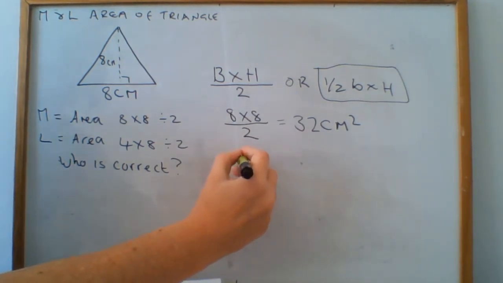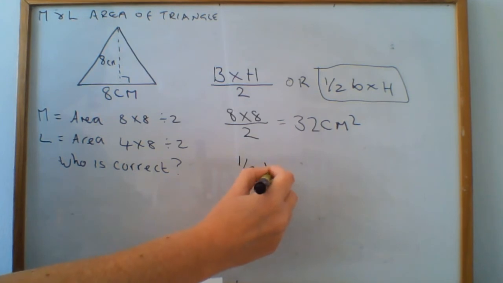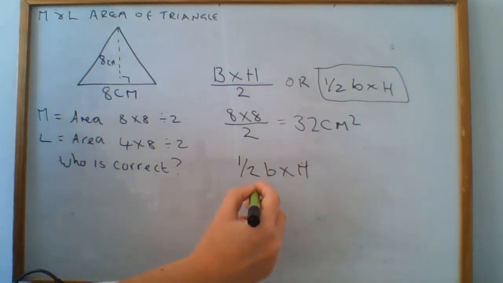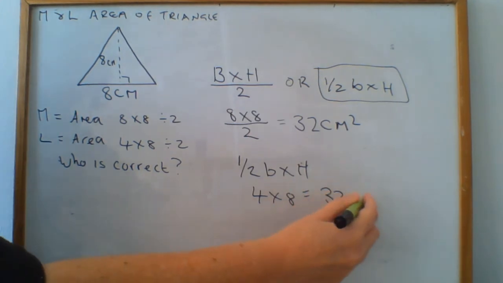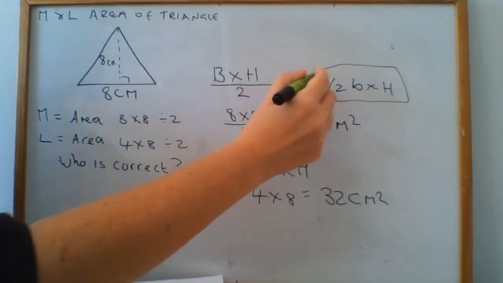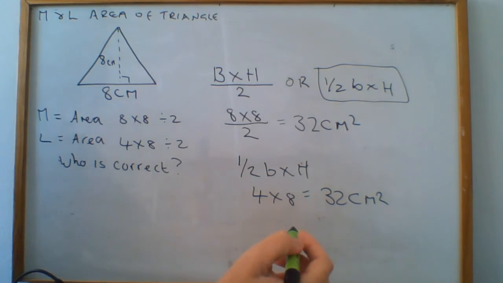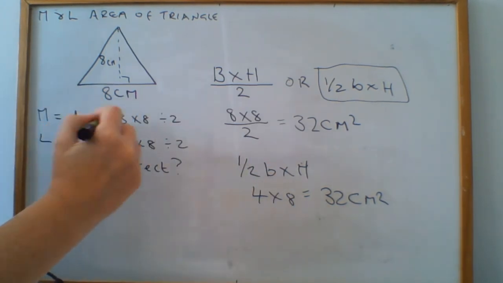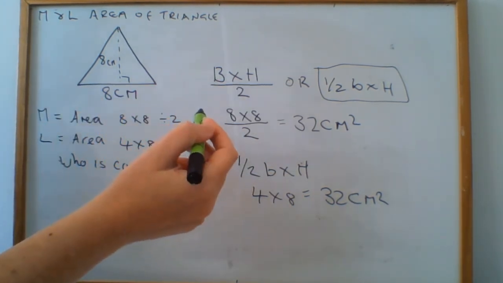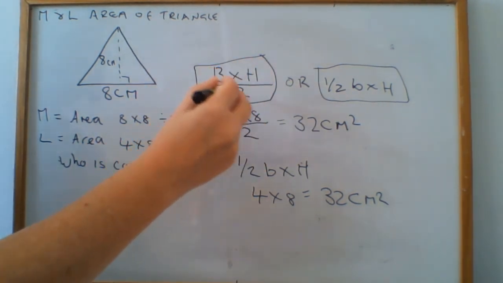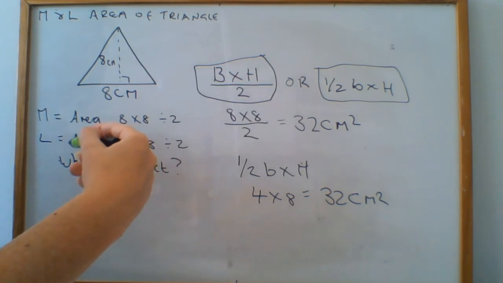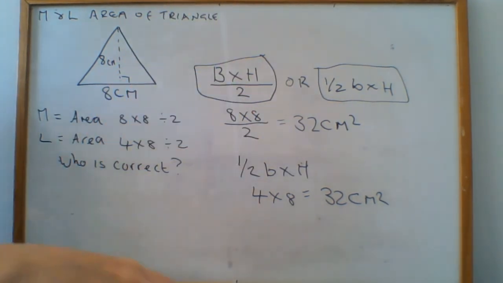So she should merely have just done half base times height, which would have been 4 times 8, which would equal 32 centimetres squared. Whichever formula you use, you should get 32 centimetres squared. Unfortunately, Lainey has mixed up her two formulas. Just get one in your head that you're comfortable with and use that one. Be careful not to mix up the two, which is what Lainey has done in this problem.